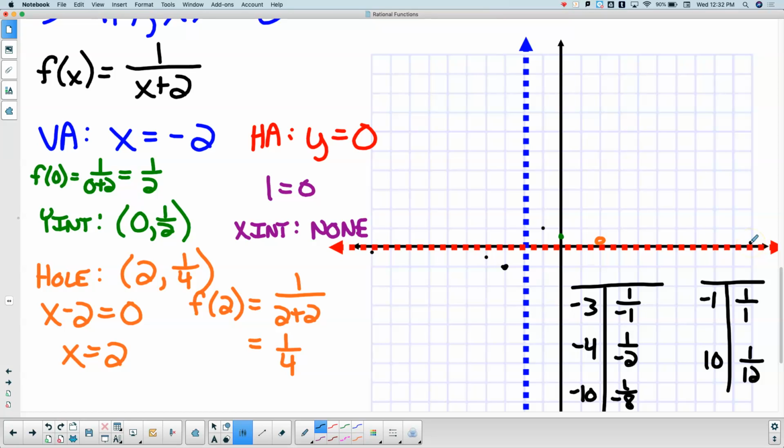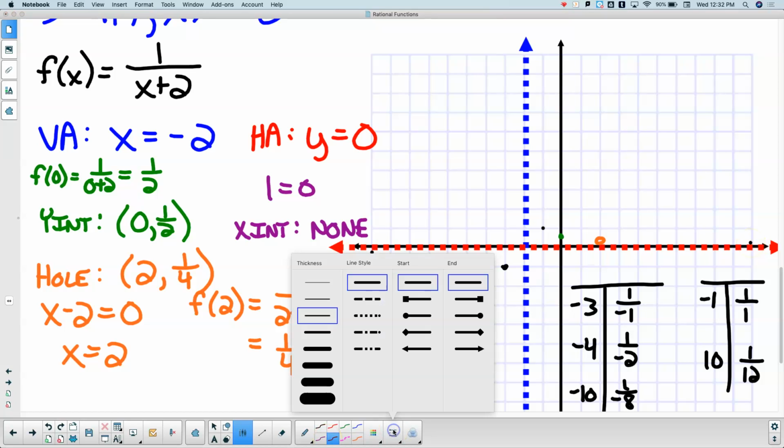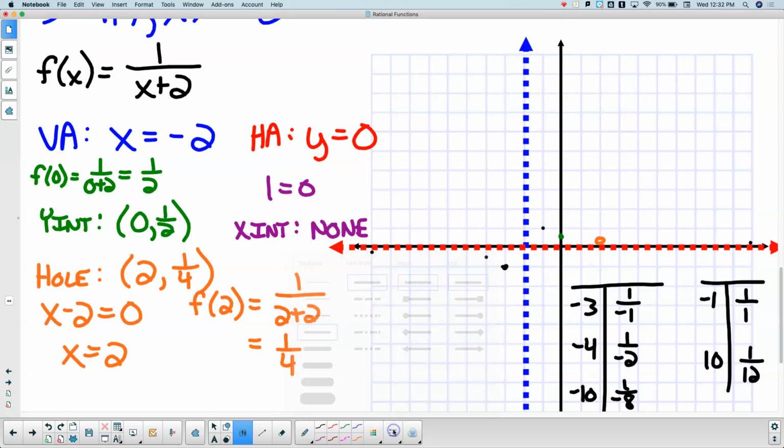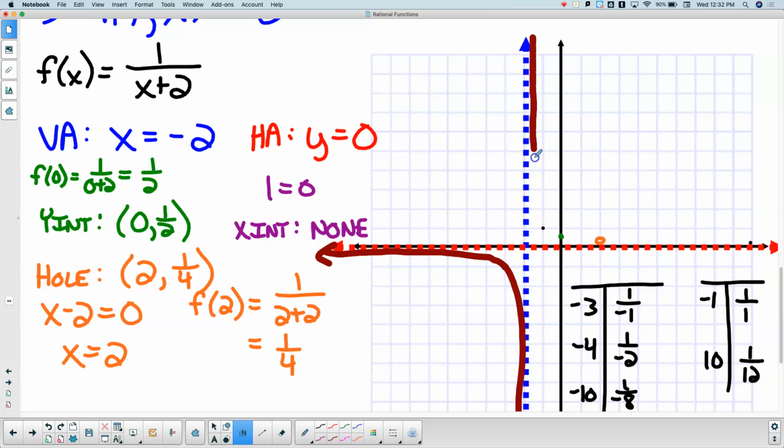Okay. So in here now, when we go to draw in our function, on the non-hole sections, it's straight up normal wonderfulness. Yes? On this side, coming in, coming in, getting close, get close, stop, lift up, come to the other side, and go on.